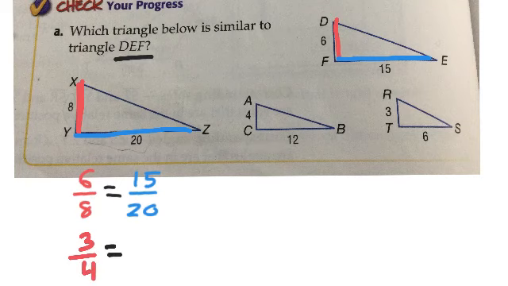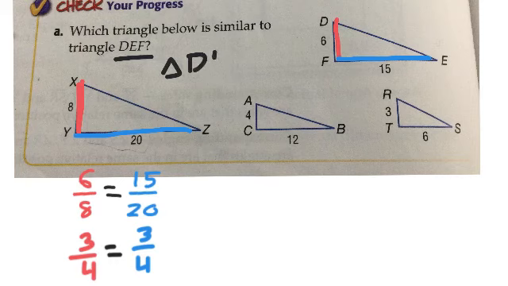And then 15 over 20 reduces to 3 over 4. So because both of my ratios reduce to the same thing, those two triangles are similar. So I would say triangle DEF is similar to triangle XZY.